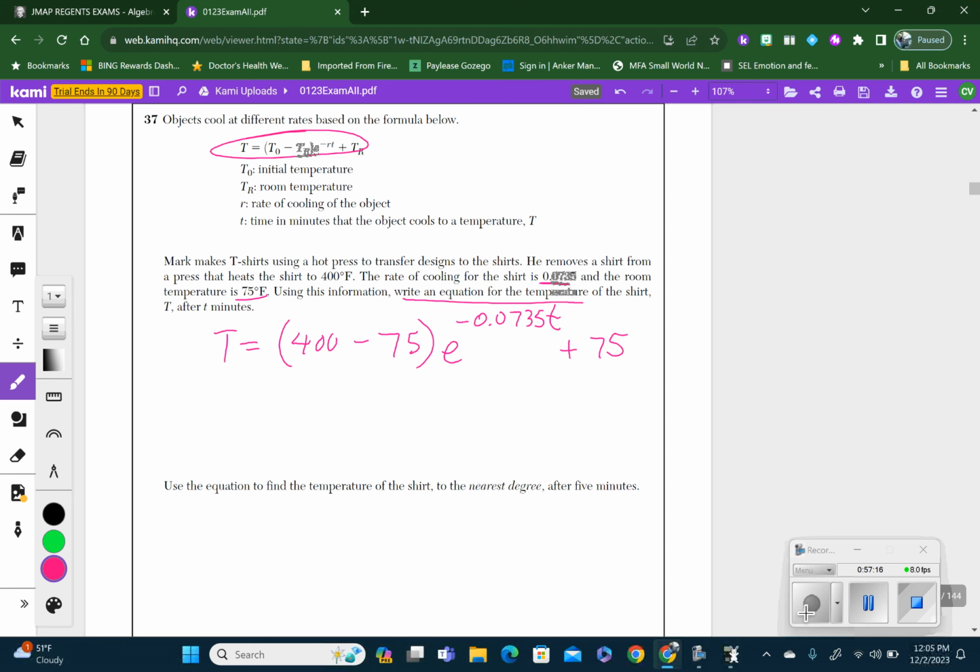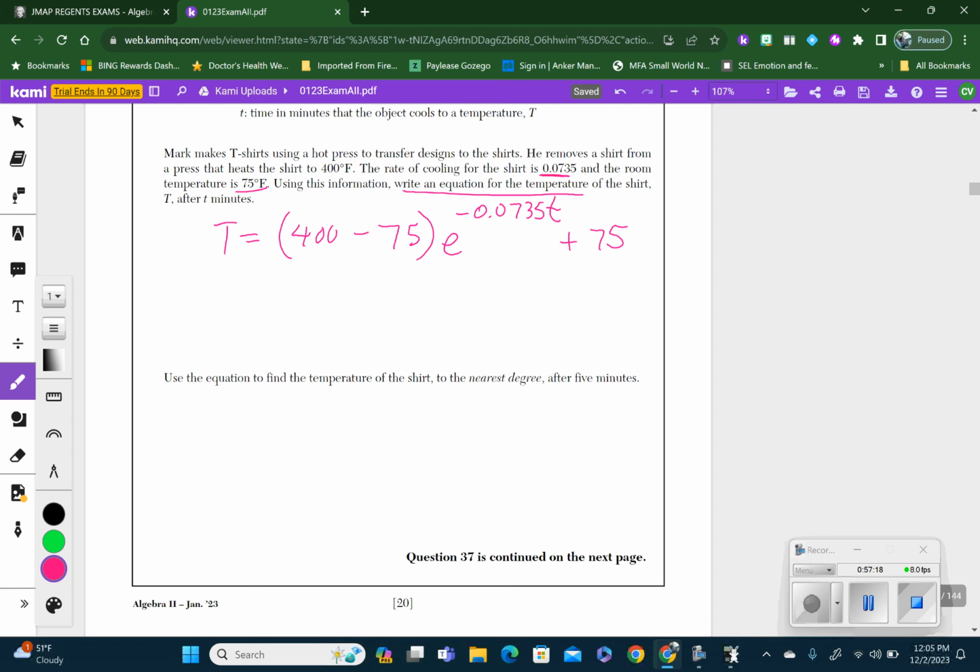Okay. Then I'm going to use that equation, and it says after 5 minutes. So it's using the equation to find the temperature of the shirt to the nearest degree after 5 minutes. So 400 minus 75 is 325. E to the negative 0.0735 T. Now my T is 5 minutes, so I'm putting in 5 here, plus 75.